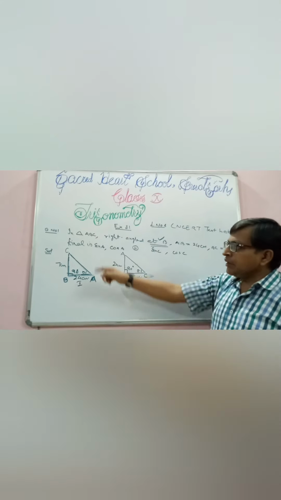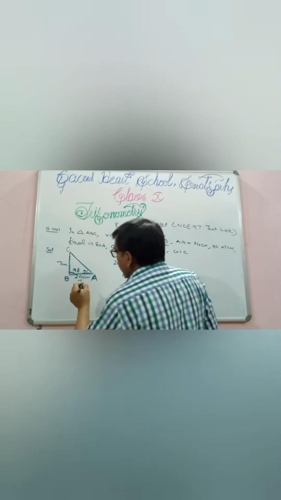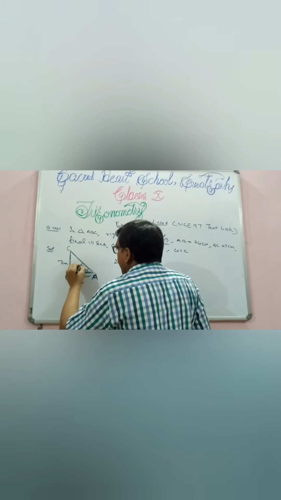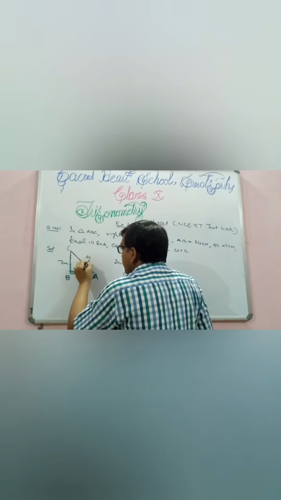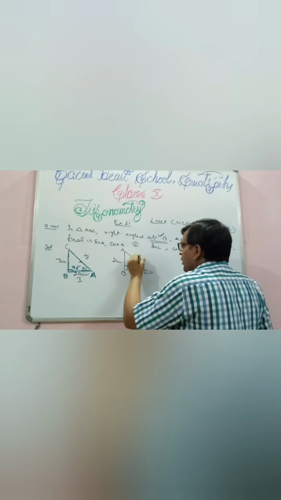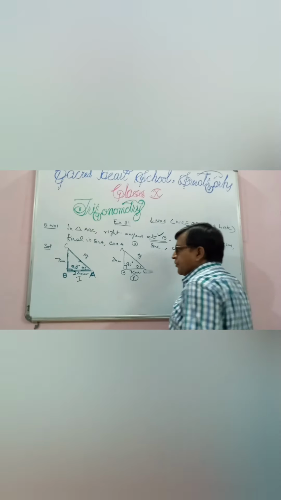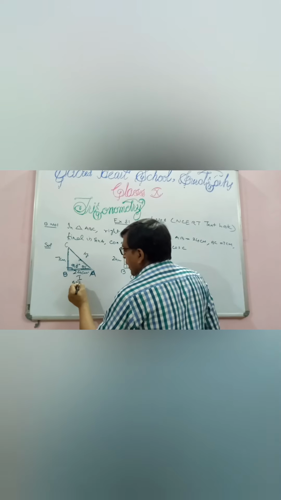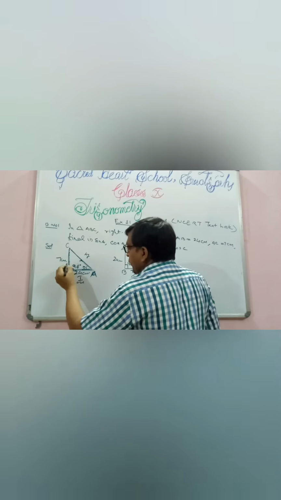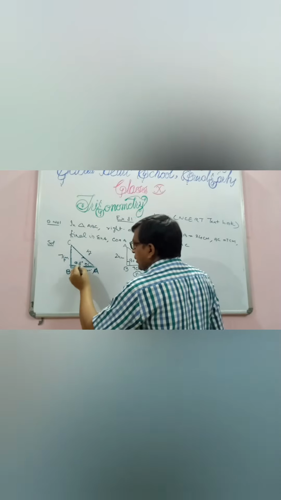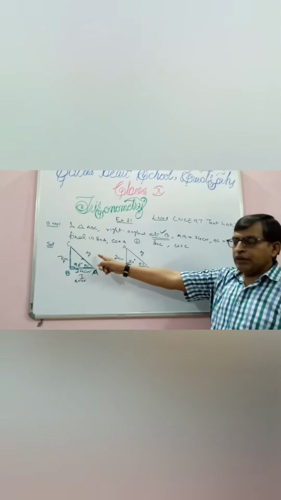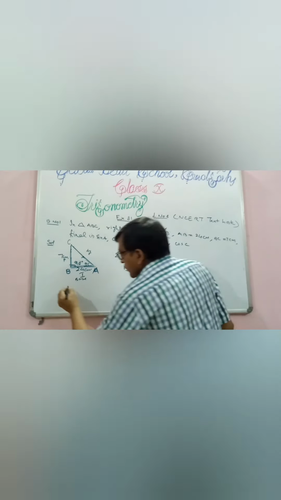The side opposite the 90 degree angle is the hypotenuse. The 90 degree angle and theta are both adjacent to the base, theta opposite is perpendicular, and 90 opposite is hypotenuse.